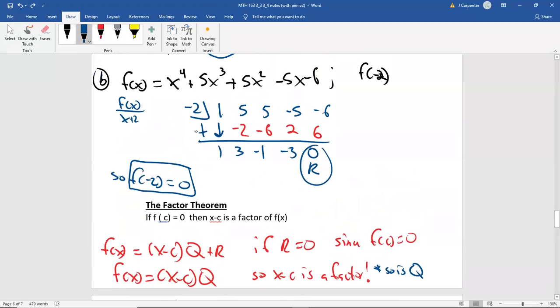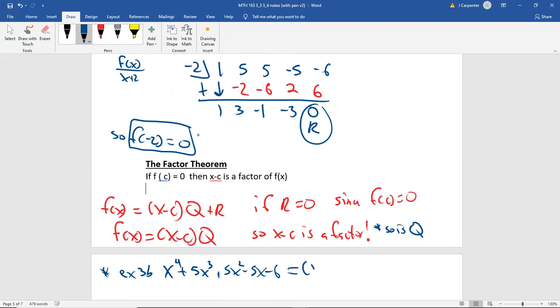We used a -2, which meant that the division was x plus 2. That's also the factor. And then the quotient, from right to left, was the constant and the coefficients of x, x squared, and x cubed. So it would be 1x to the 3rd plus 3x to the 2nd minus 1x minus 3.